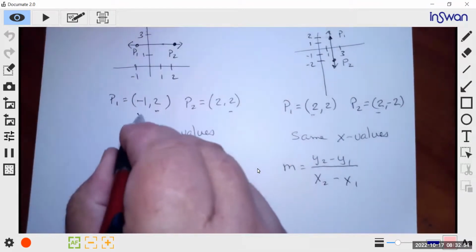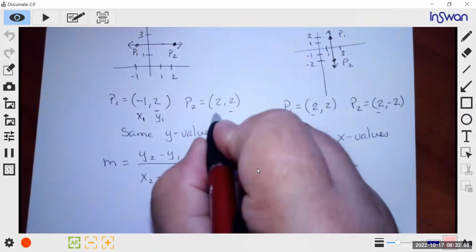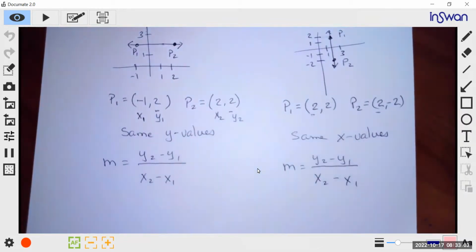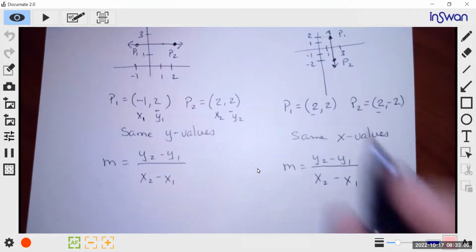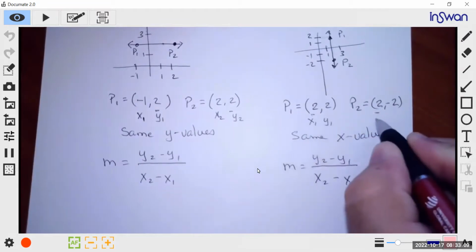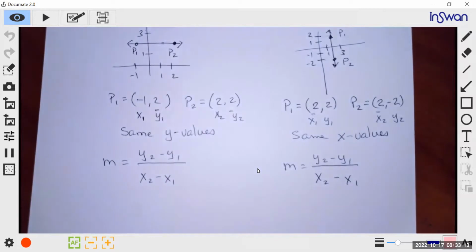So this is the x value of the first point. This is the y value of the first point. This is the x value of the second point. This is the y value of the second point. Likewise on the vertical ones: x value of the first, y of the first, x second, y second.